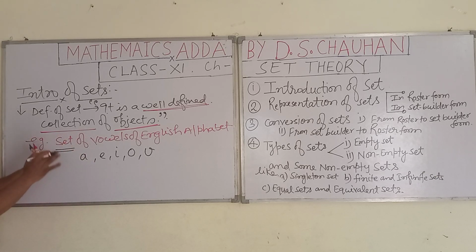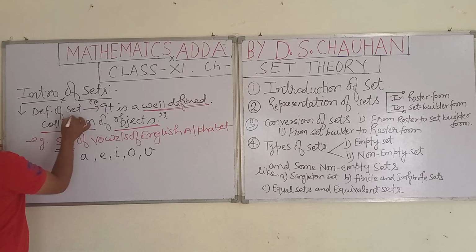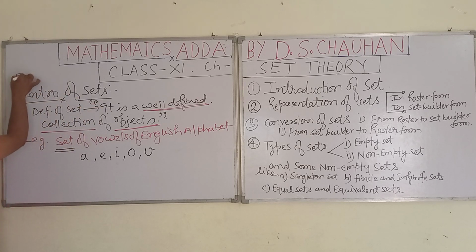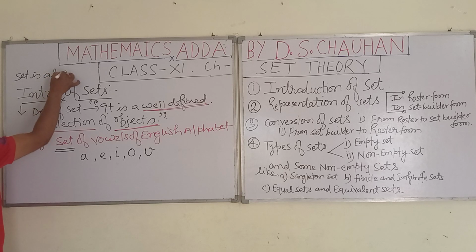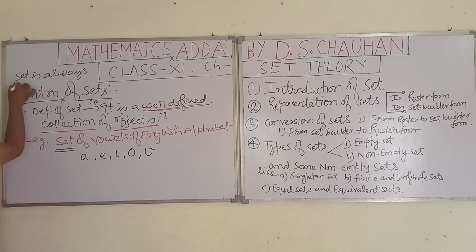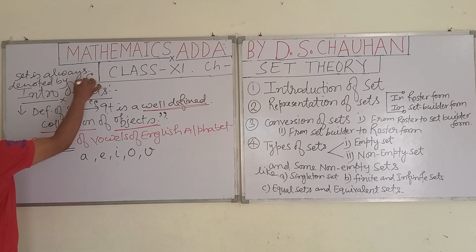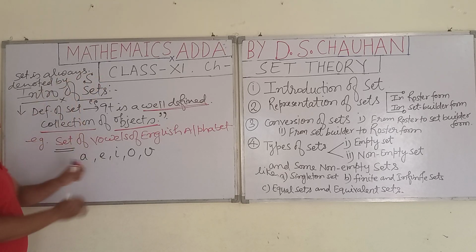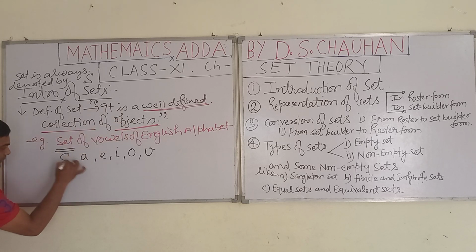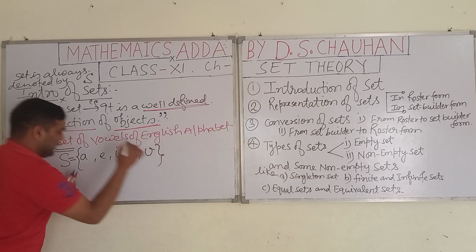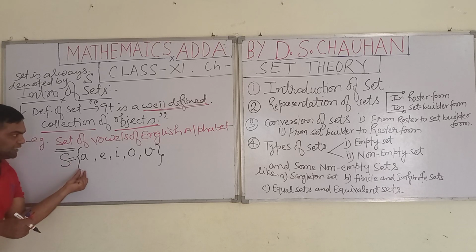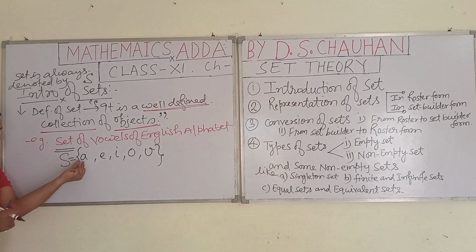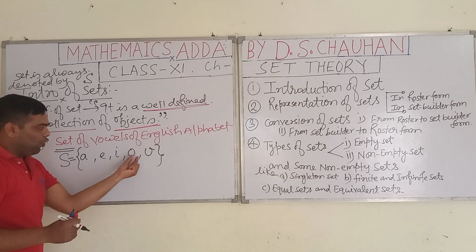So remember students, in general, a set is always denoted by symbol capital S. Capital S stands for set. S equal to, inside the braces or curly brackets, it could be A, E, I, O, U.